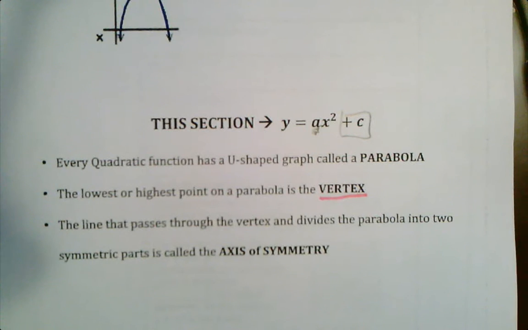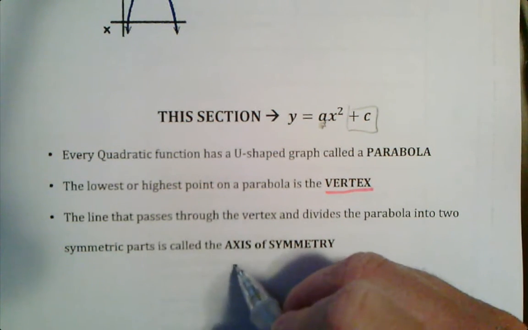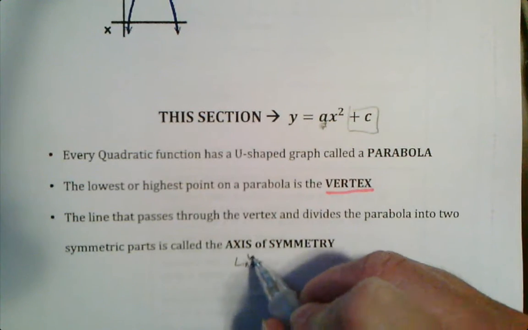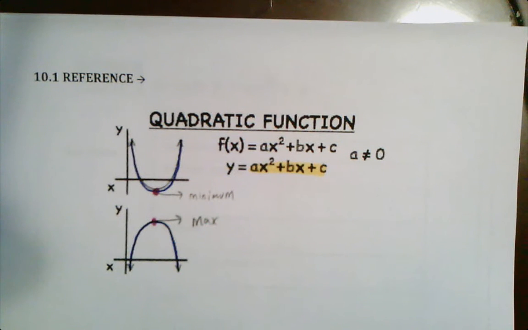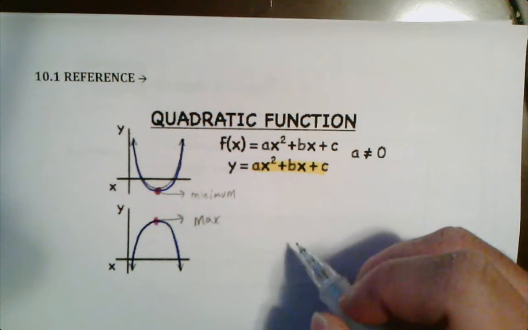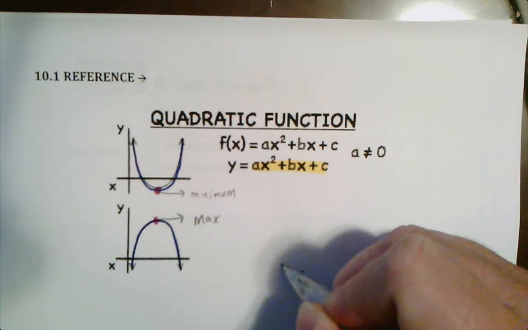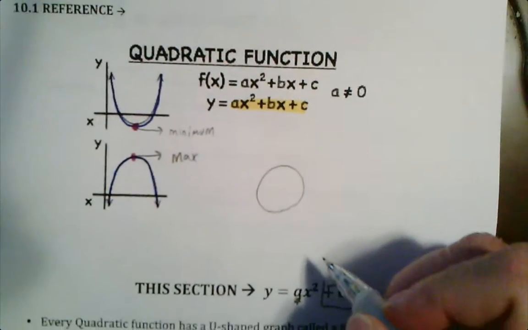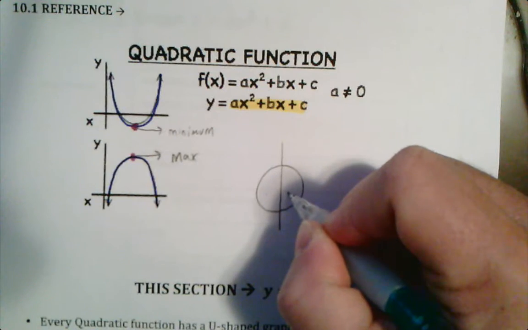The line that passes through the vertex and divides the parabola into two symmetric parts is called the axis of symmetry, or I'm just going to usually call it the line of symmetry. If you think about some things that are symmetric compared to things that aren't symmetric, like a circle, for example, if I drew that perfectly and drew a line through it, this side of the circle is the same as this one.